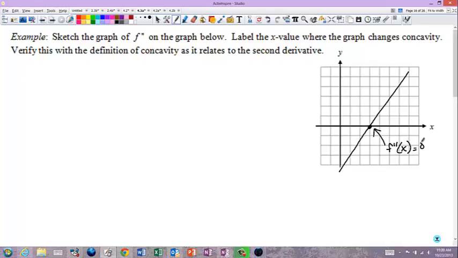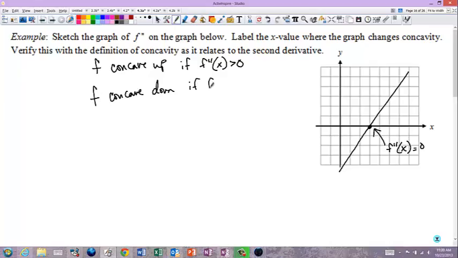And verify this with the definition of concavity as it relates to the second derivative. F is concave up if f double prime is greater than 0. F is concave down if f double prime is less than 0.